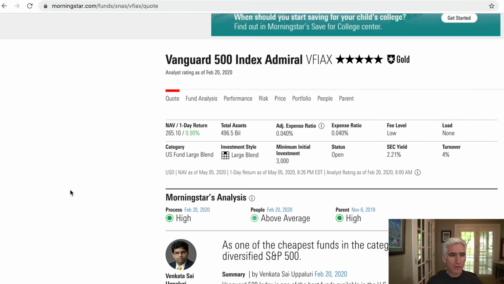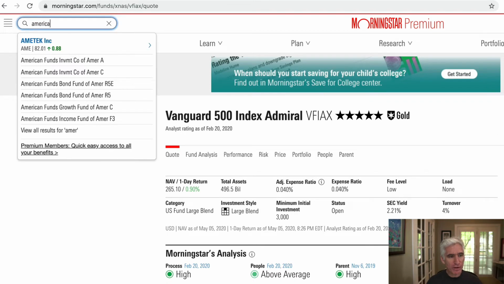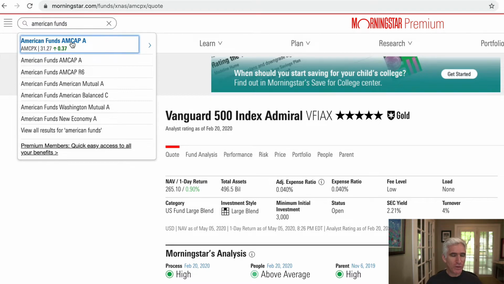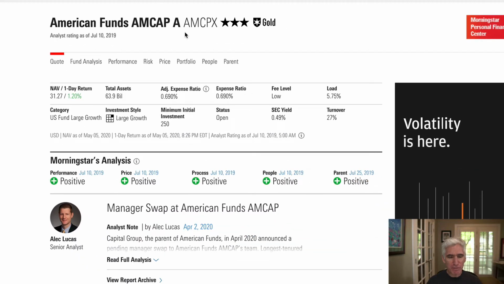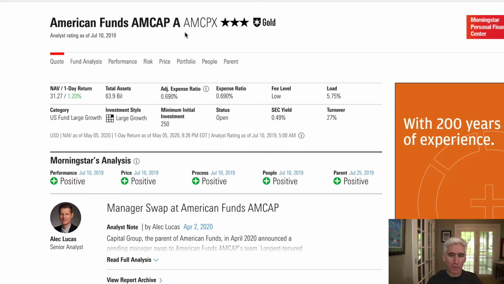And in fact, we can pull up one. I don't know the ticker, but I know that American Funds charge loads. And in fact, here's an example. And you'll notice this letter A right here in the name of the fund. That means it's A shares, and A shares have these front loads.